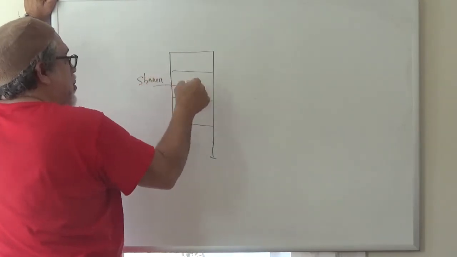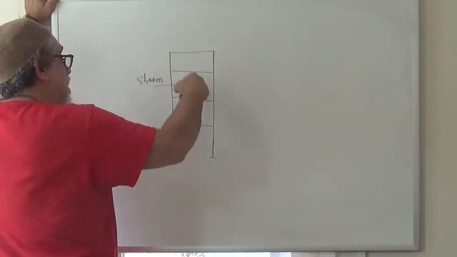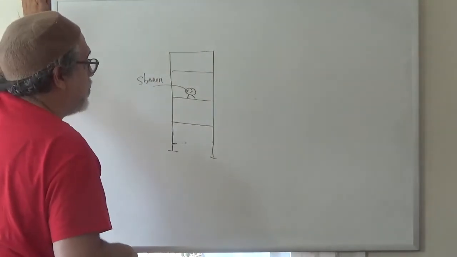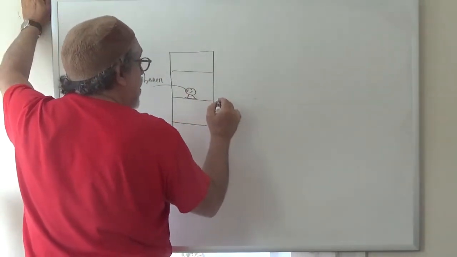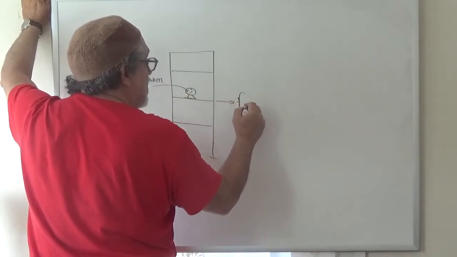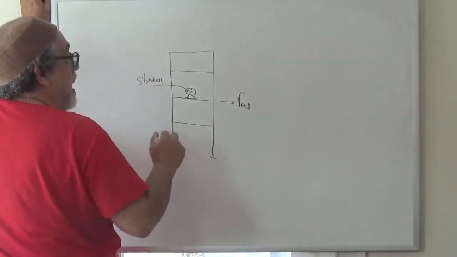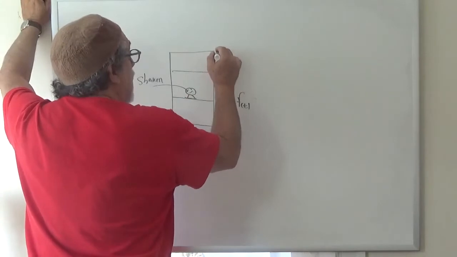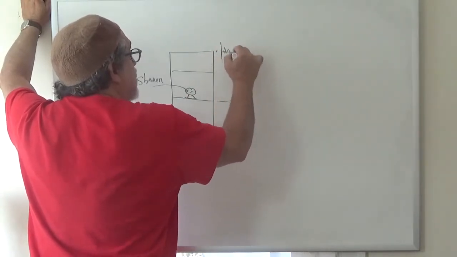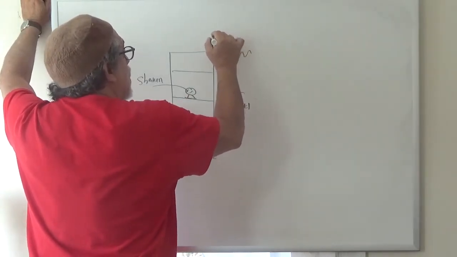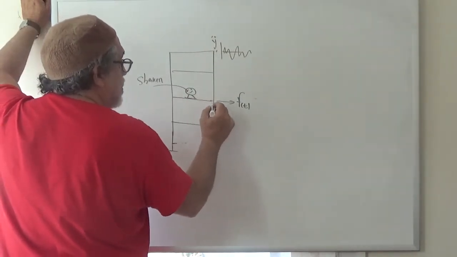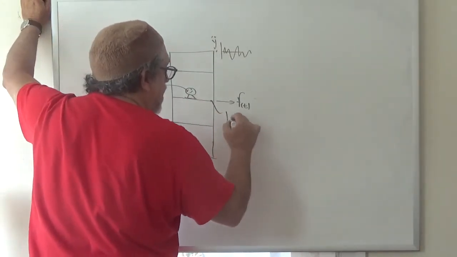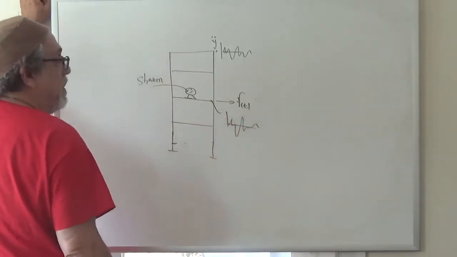Which uses inertia, and this shaker has two masses that rotate in opposite directions and so on. By applying this shaker here, I can create a dynamic force F of t at this level, right? And then I can measure, for example, accelerations here, y double dot, and maybe my accelerations at this level also, y double dot, right? So that may be okay.